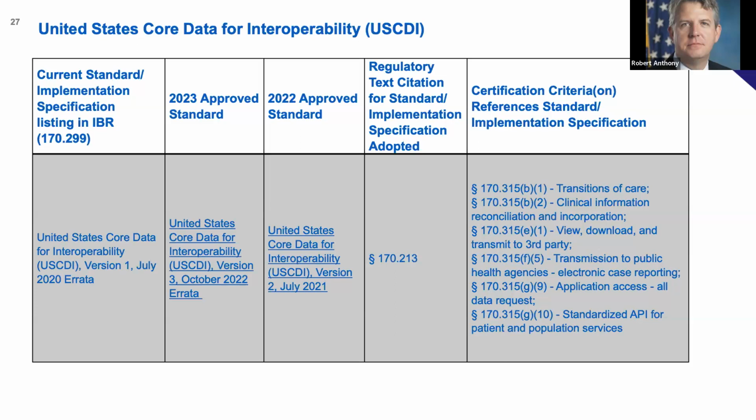There's another comment: when are we just going to pull that from SVAP updates altogether? This is one of those areas in which there are certain things that are required by statute. There are certain things that we do to align them, and there are certain things that we do so that developers can make sure that they are indicating their most recent advance as soon as they can on the Certified Health IT Product List, which is our system of record.